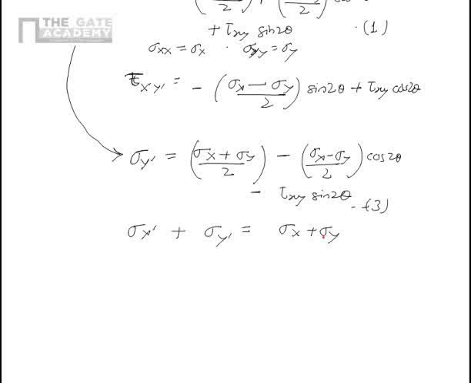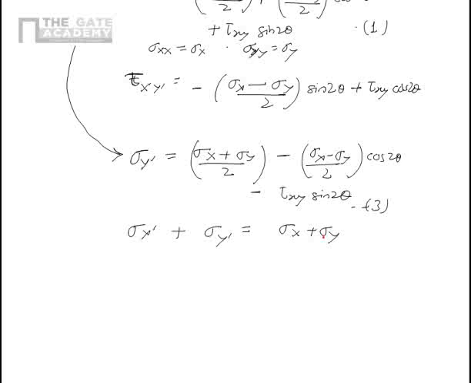Now if we carefully see the shear stress transformation, it is possible to make this shear stress 0 at a particular orientation of the coordinate system. So at a particular theta, it is possible to make the shear stress equal to 0.